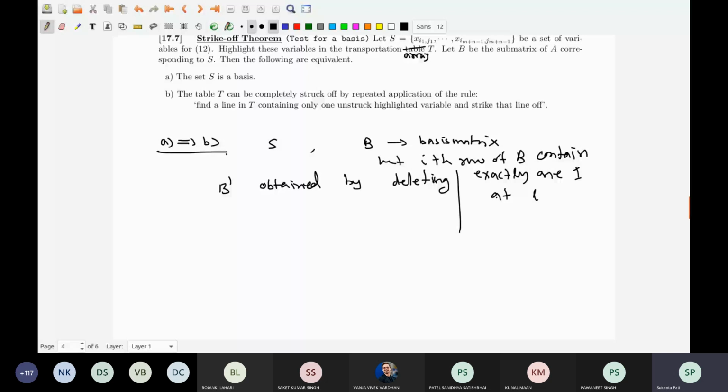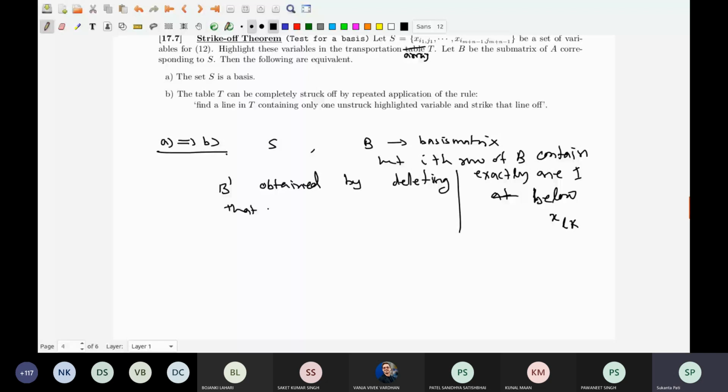So whatever one you have, it is below the variable xlk. Okay, so let BDAX be obtained by deleting that row and column from B.